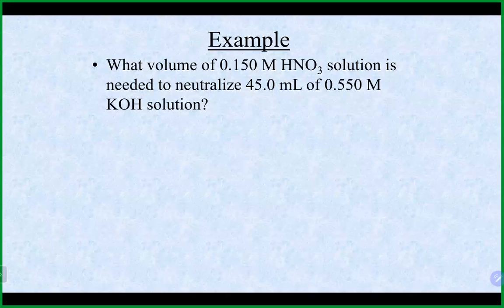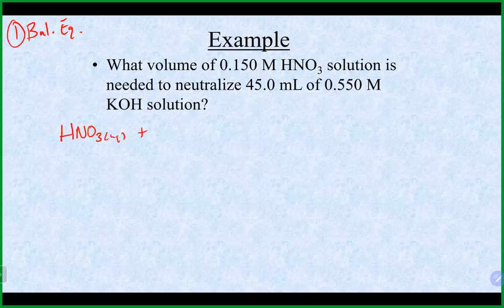So really, this is going to be a stoichiometry type problem. So we want to follow our same steps, and start with a balanced equation. This is obviously going to be an acid-base equation, which means you should know that you get basically a salt and water. So we'll start with our nitric acid and our potassium hydroxide here.